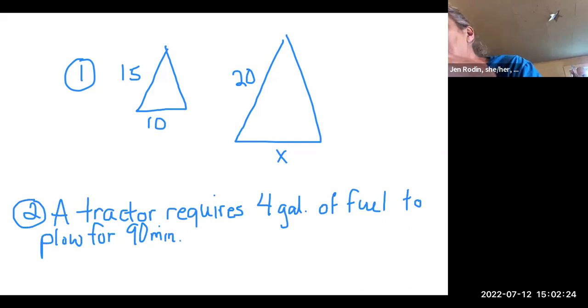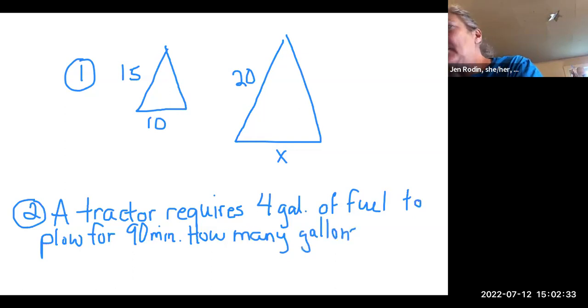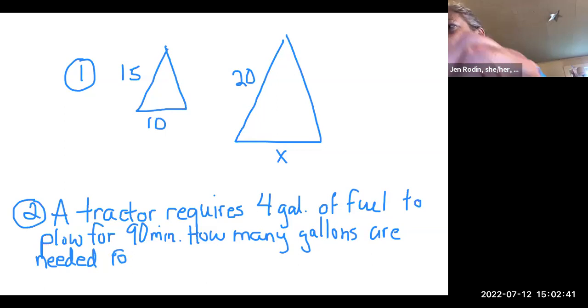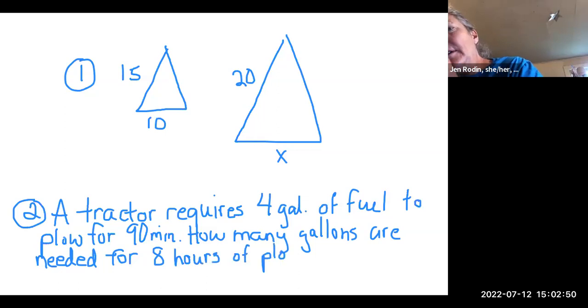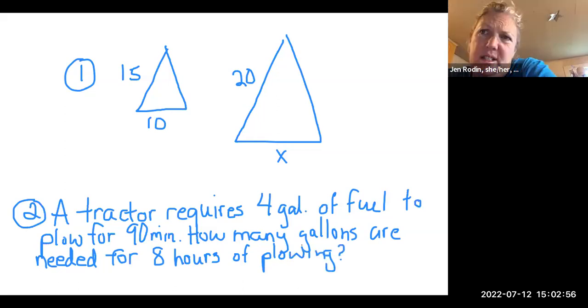How many gallons are needed for 8 hours of plowing? That one's one of my favorites because it's kind of realistic. And it also makes us convert. We can't do it yet because we have minutes and hours. So we'll have to convert.